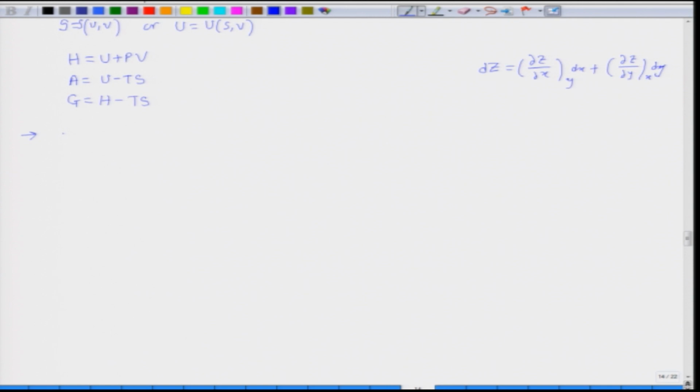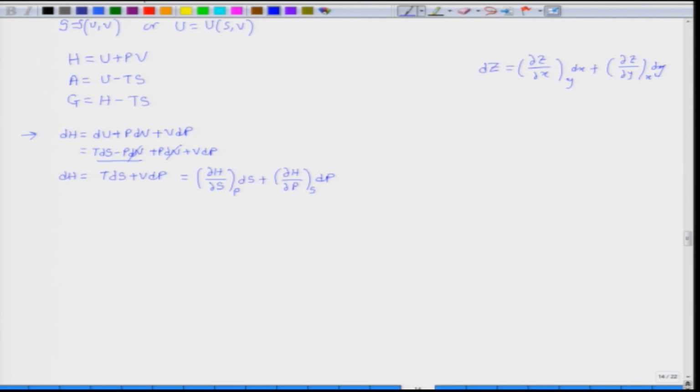So, if we take the differential of H here, dH is equal to dU plus P dV plus V dP, and by the combination of first law and second law we know dU is equal to T dS minus P dV plus P dV plus V dP, and so dH is equal to, this gets cancelled, T dS plus V dP, right, which we can write in the form ∂H/∂S at constant P dS plus ∂H/∂P at constant S dP.